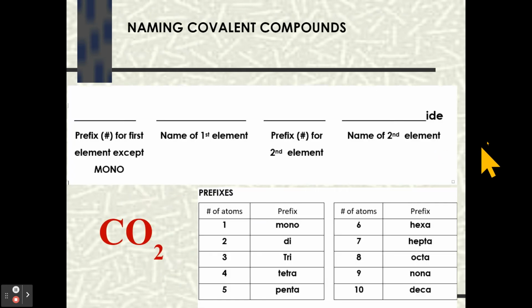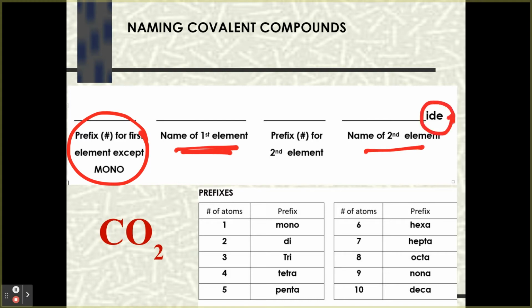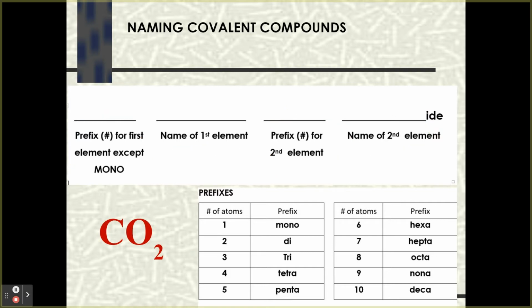So the naming process is right here. We name the first element, but before that, we have to put the prefix that tells you how many of that first element there are. Name the second element, end it with IDE, but again, you have to put a prefix that tells you how many there are for that element. It's called the prefix because it comes before the word.